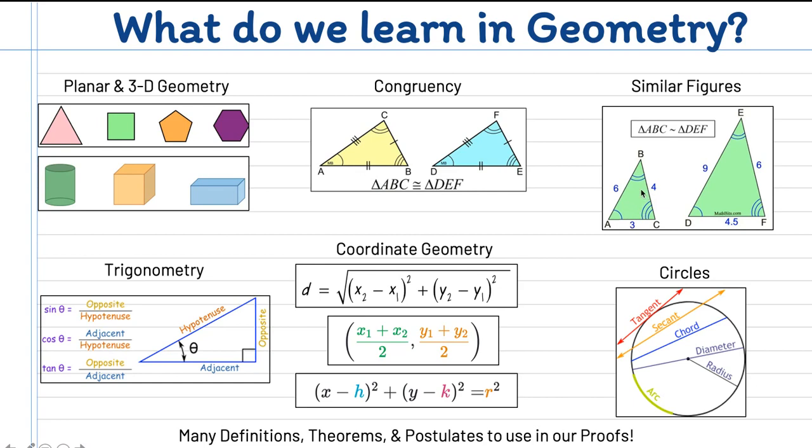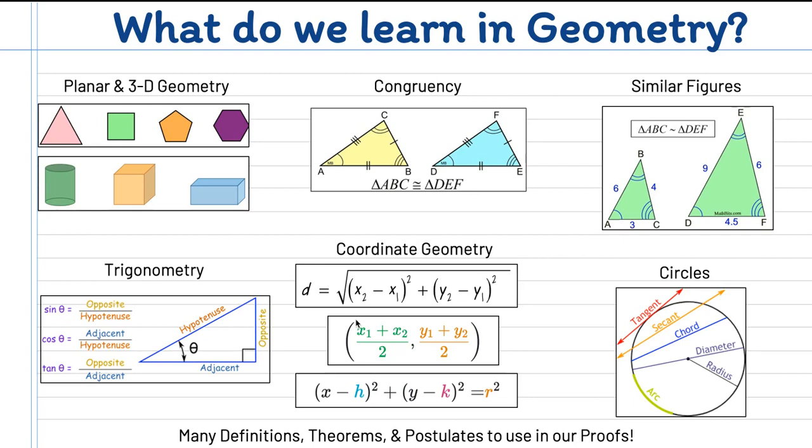And then we also focus on similar figures, so proving that maybe these 2 figures have the same shape, but they don't necessarily have the same size. And how do I scale up from the smaller to the larger or vice versa? We definitely touch upon some trigonometry. So the students will be introduced to sine, cosine, and tangent this year and how that relates to the triangle. This will be very useful as they head into Algebra 2 next year. We focus on coordinate geometry. So we actually already did the distance formula and the midpoint formula, two formulas that are going to come up over and over again throughout the year.